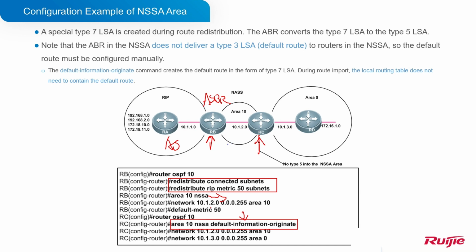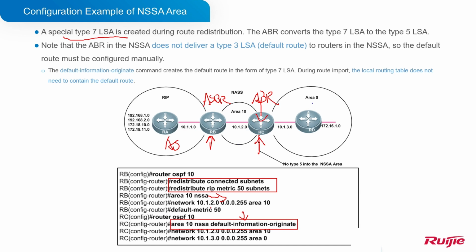Okay, and then RC can learn the detailed information about the other AS, about the external network, by type 7 LSA information, right? And because the other areas can't recognize the type 7 LSA information, for the ABR device, the RC device, we have to convert the type 7 into type 5.